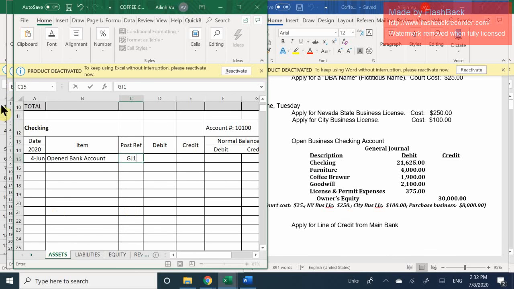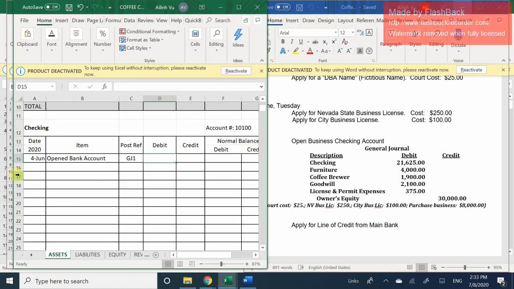Could you repeat that one more time? So in your ledger, we're taking our general journal and putting it into our ledger. We're going to find out what our account balance is at any given moment. My first entry in my general ledger is going to be from my bank deposit, which is I opened a bank account on June 4th.